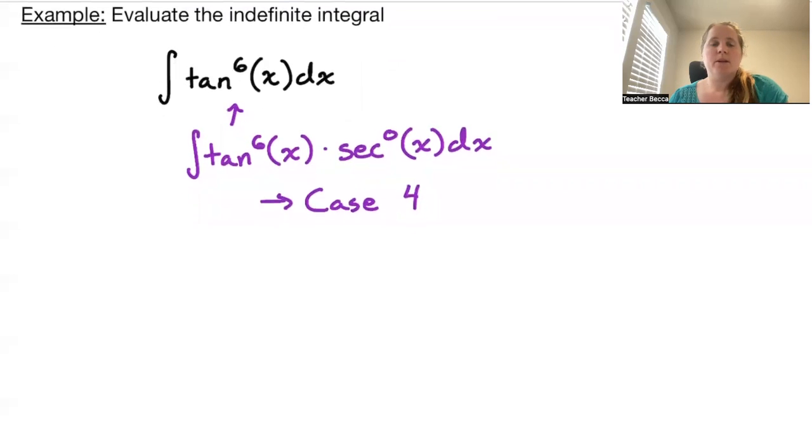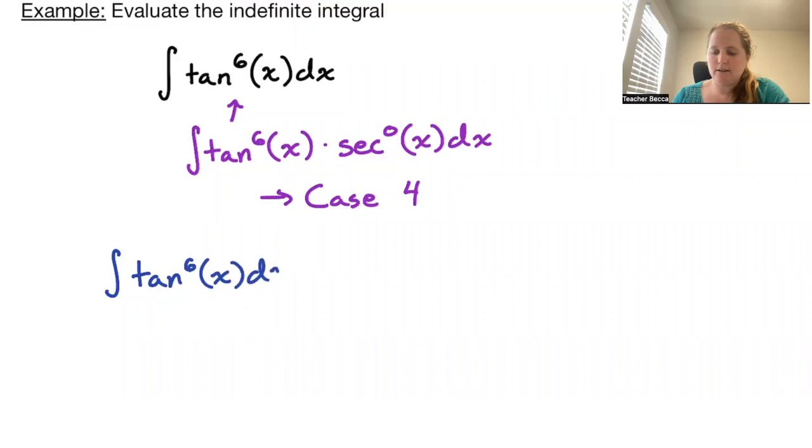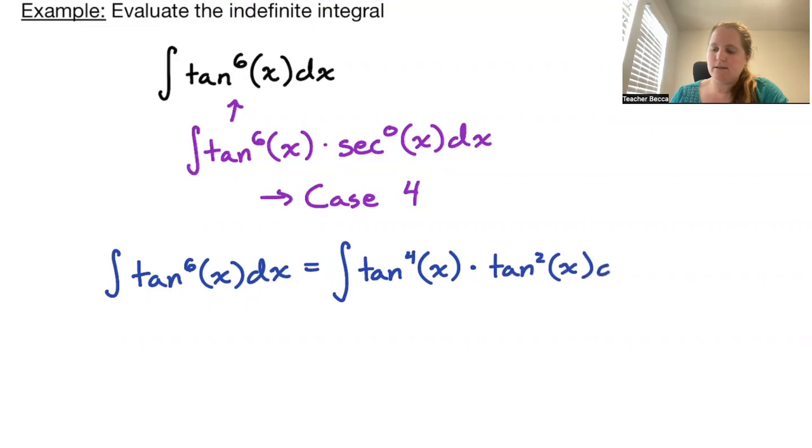So what was recommended with case 4 was peeling off one copy of tangent squared and converting it to secant. So we are going to take the integral of tangent to the sixth of x dx. Rewrite that as the integral of tangent to the fourth of x times tangent squared of x dx.